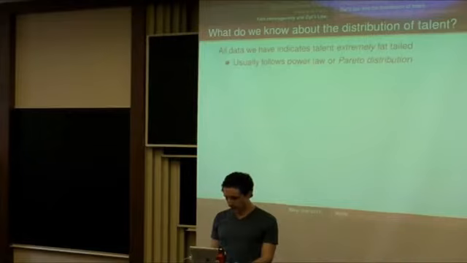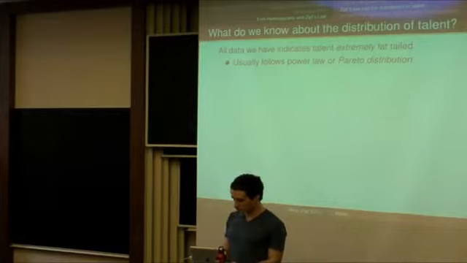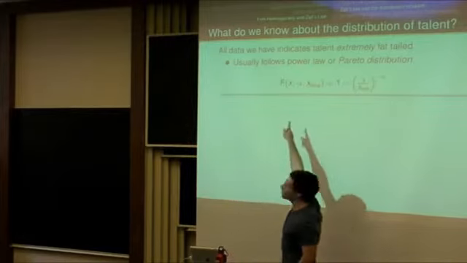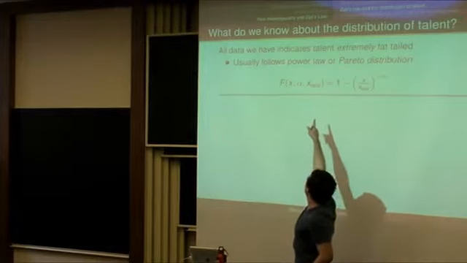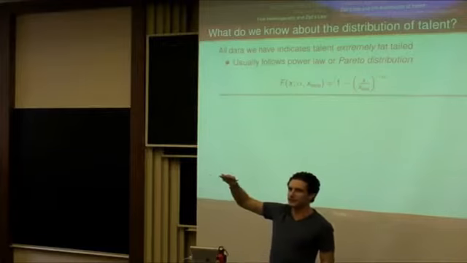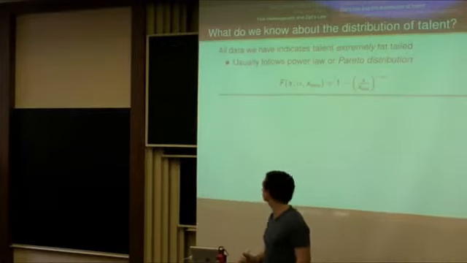In fact, it usually follows what's called a power law or a Pareto distribution, and that has the following form. X is the talent of a given person. X minimum is where you begin to get this feeling of insecurity, the minimum level of talent where it starts looking like a Pareto distribution.